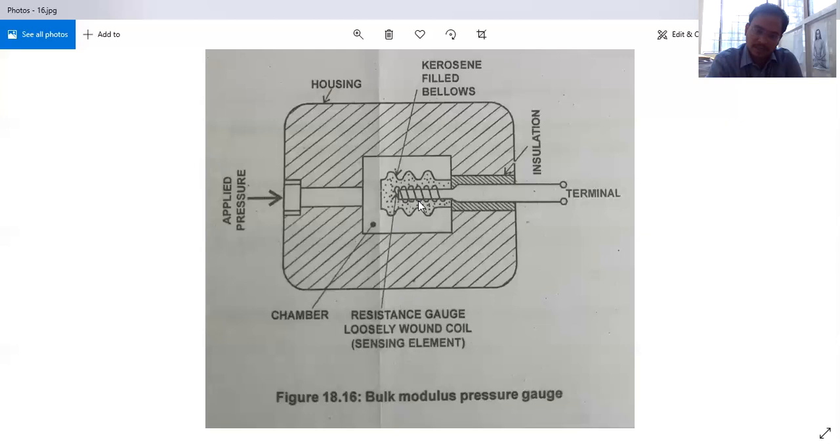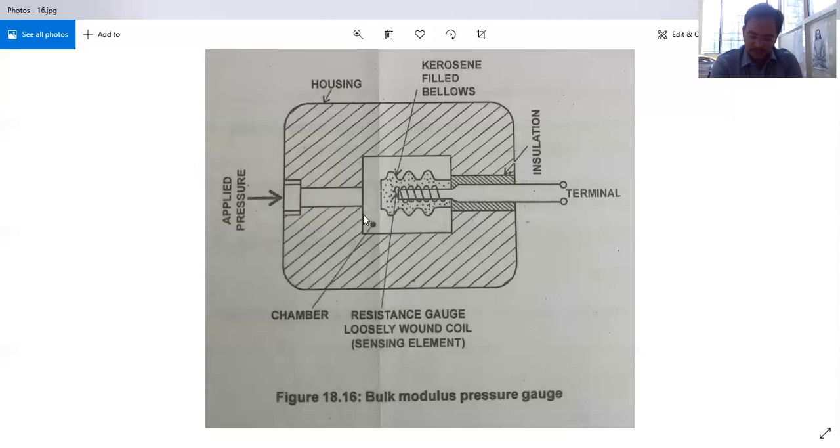Even though we are having kerosene here, depending on the resistance change, we will determine the overall pressure that is acting. The application is for high pressures. Now coming to its operation, the pressure to be measured is applied to the chamber.